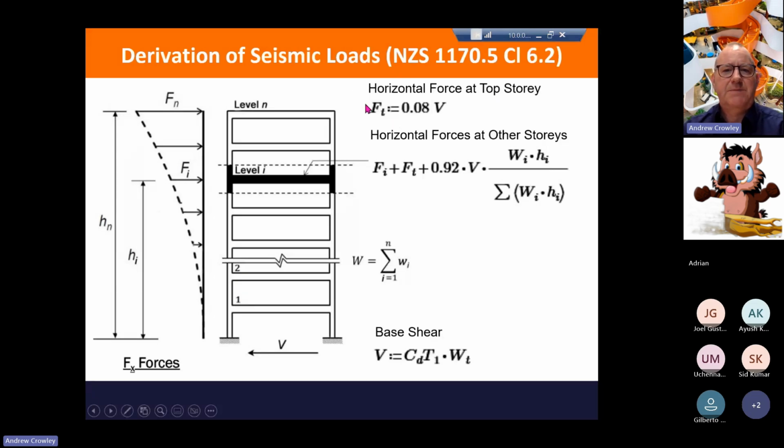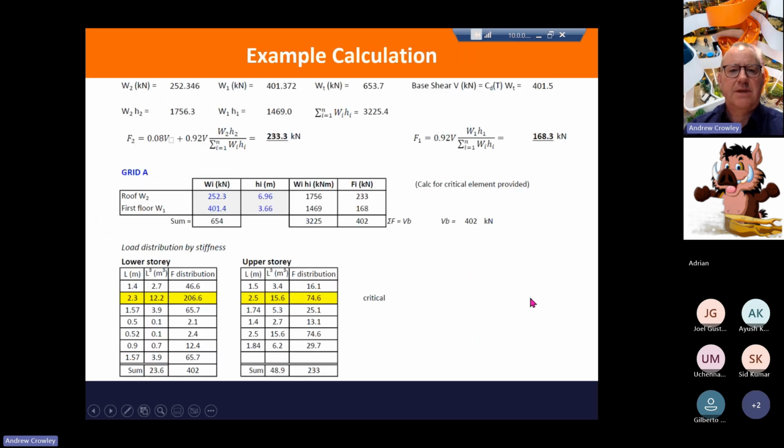So we have this exception on the top floor, so that the top floor shear is 8% of the base shear, and then we distribute the rest of the forces in proportion to the stiffnesses and the seismic weight applied at that particular floor given its height, and you end up with something that looks like that if you add it all up.